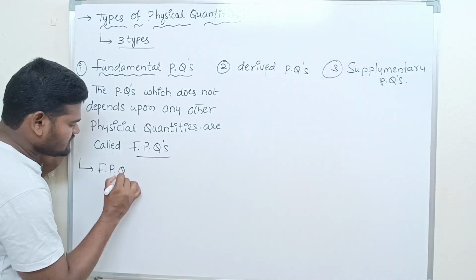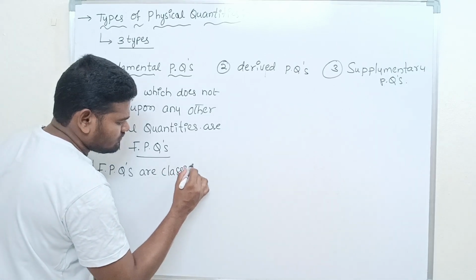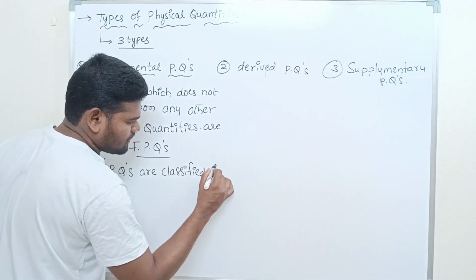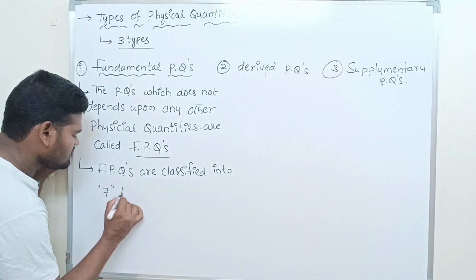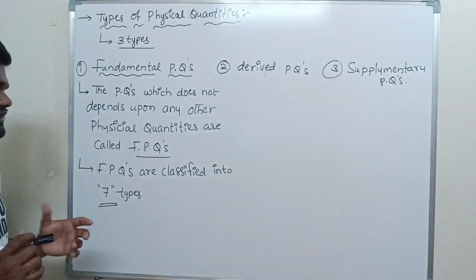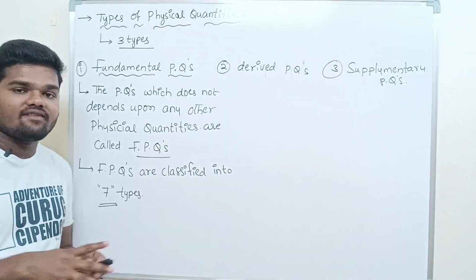Fundamental physical quantities are classified into seven types. Have a look.